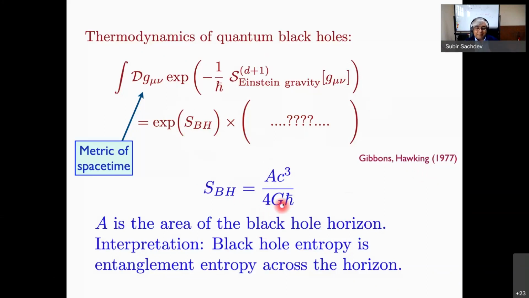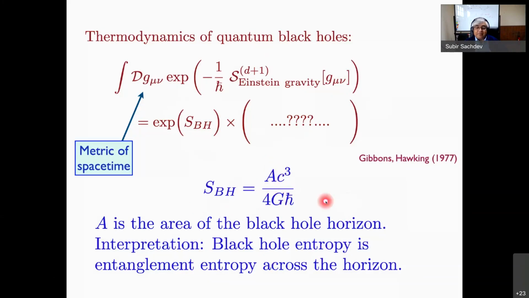What's remarkable about this is, of course, the fact that the entropy is proportional to the area, not the volume, as in any other quantum mechanical system. And today, I think this is understood from the fact that this entropy is really an entanglement entropy, the von Neumann entanglement entropy for the region inside and outside across the horizon. And the entanglement entropy goes very naturally as the area of the surface dividing the two regions.